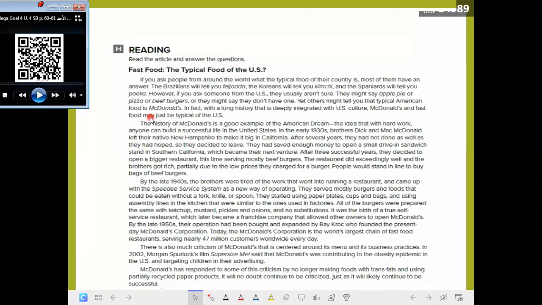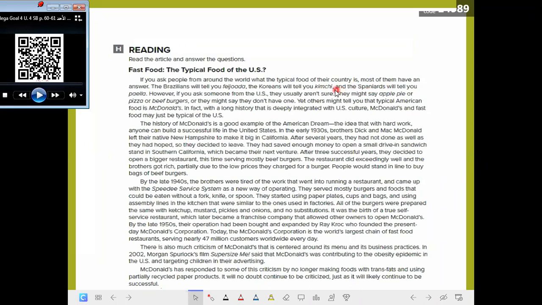Okay, what about the fast food for the Brazilians? Feijoada. Yes, they tell us that they have feijoada. And for Spaniards, Spaniards will tell you paella. Okay, excellent.